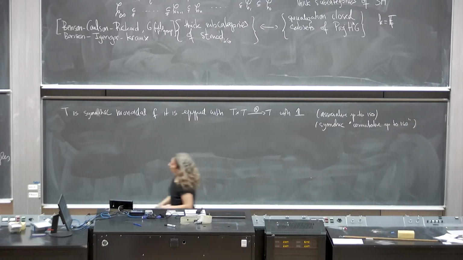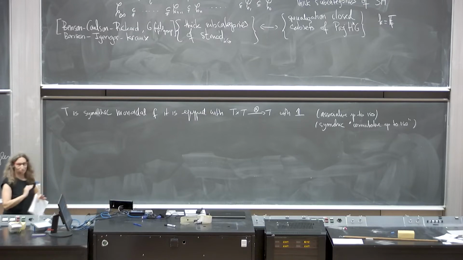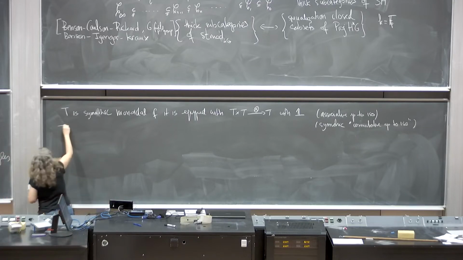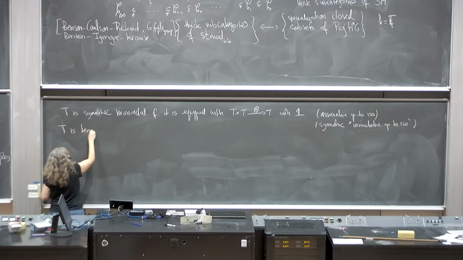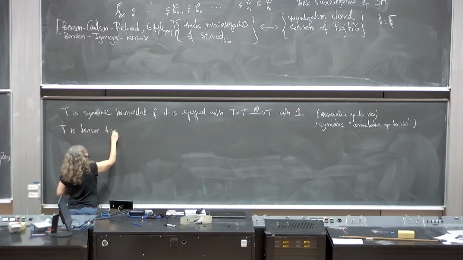Now I have tensor and I have triangulated, but when I put them together, I need some compatibility condition between these two structures. It's not going to be tensor on one side and triangulated on the other side. We need some compatibility, and this is what is called tensor triangulated.